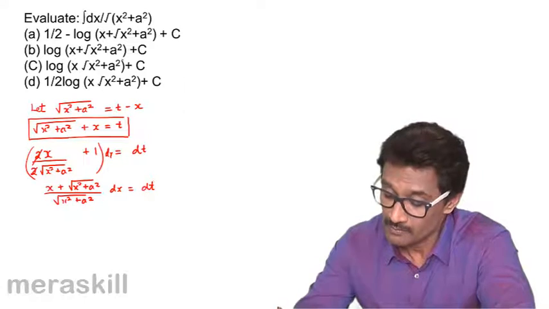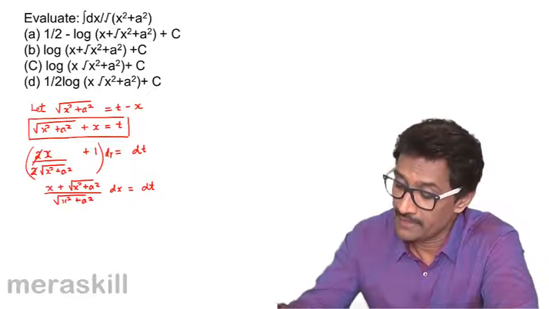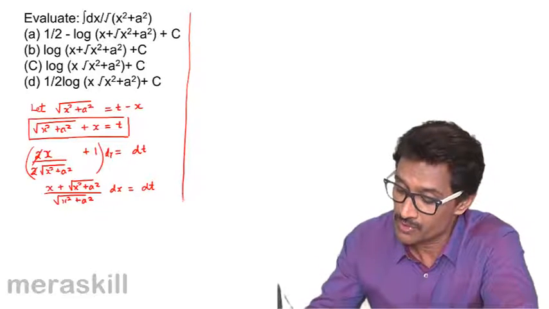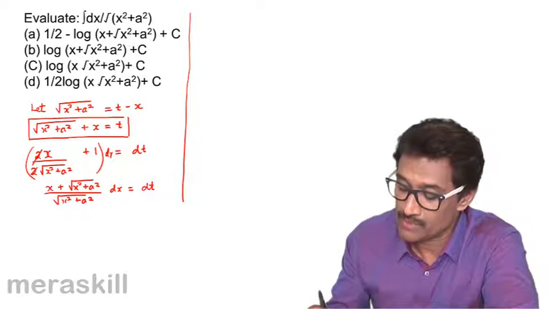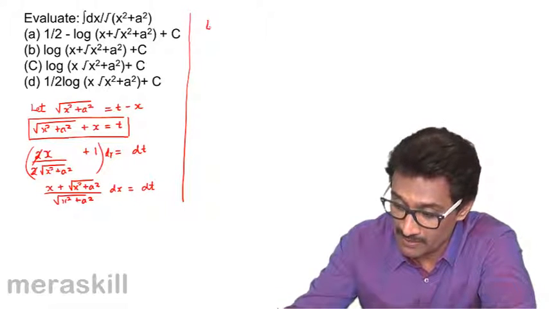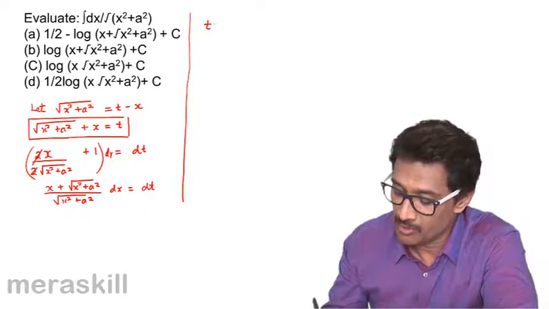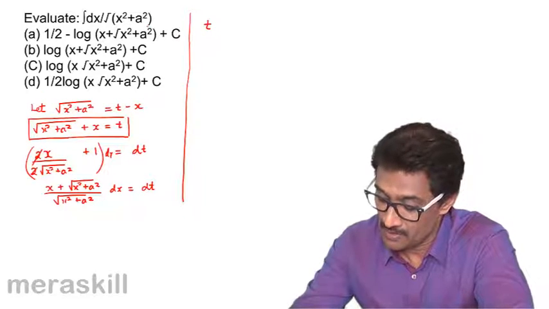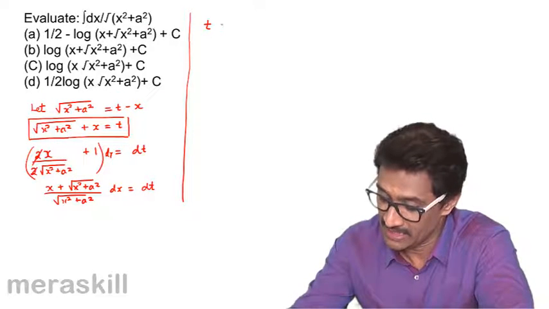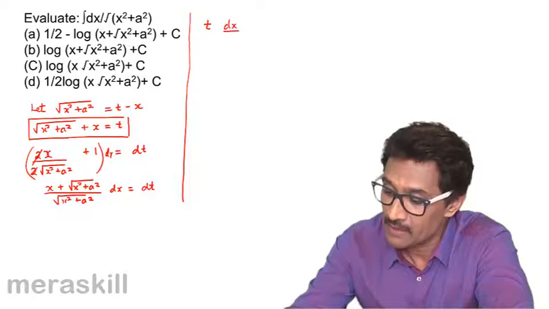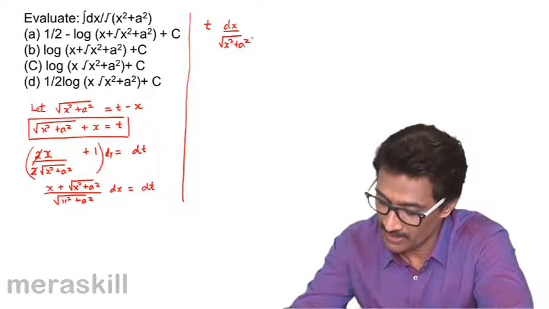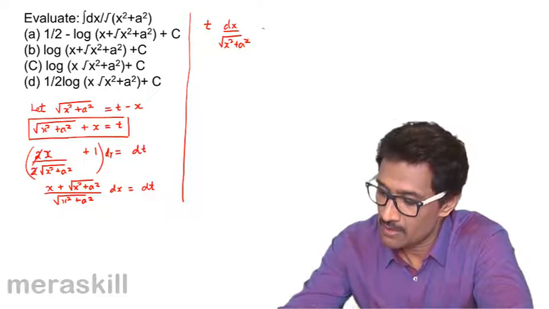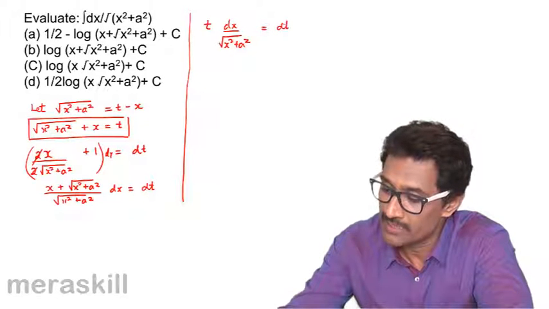Now we need to substitute. We know x plus root of x square plus a square is nothing but t, and dx upon root of x square plus a square. So we have t into dx upon root of x square plus a square is equal to dt.